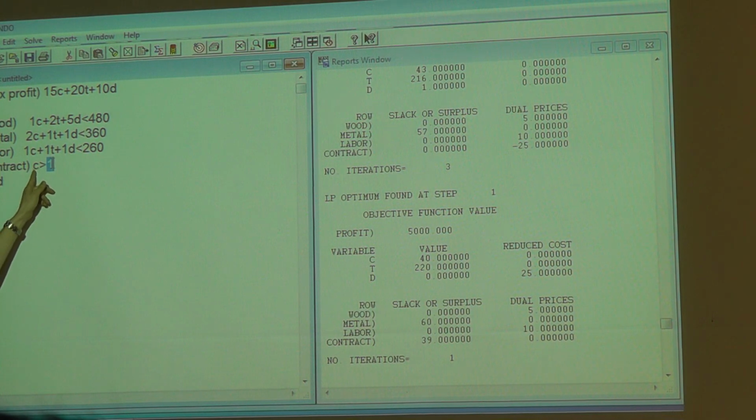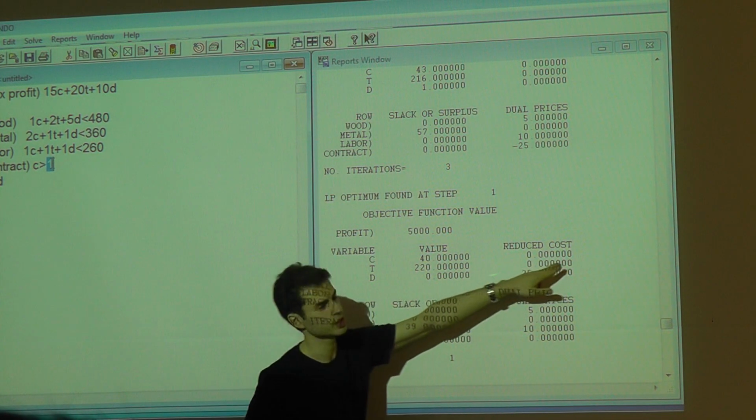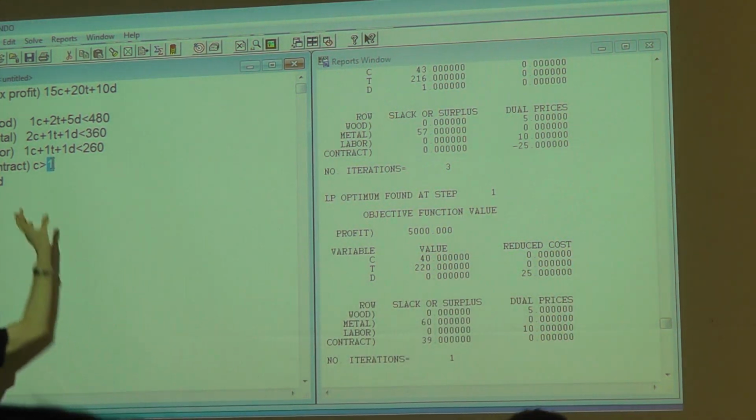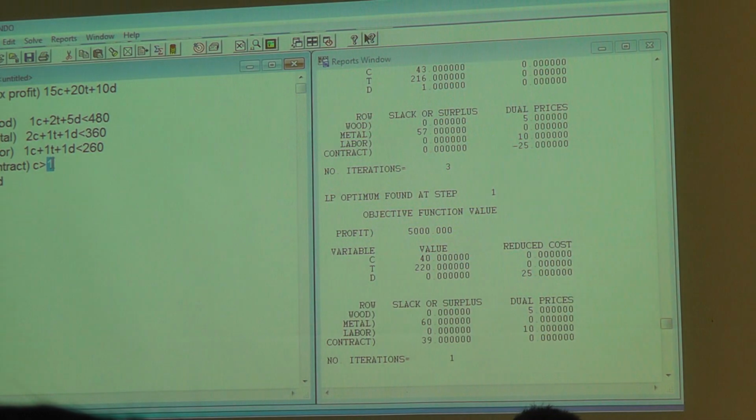If you increase c greater than 0 from 0 to 1, the profit will decrease by the reduced cost. If you increase it by 100, you don't know what will happen. Of course, you can find out by actually solving it, but not from this information. It's only about small changes in right hand sides. Okay, so let's remove this contract.